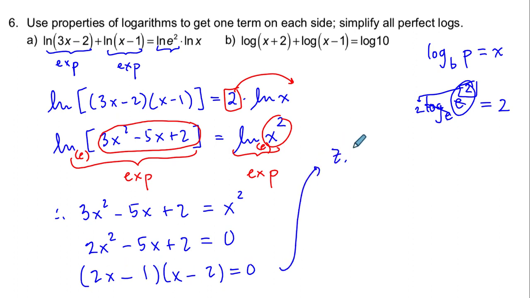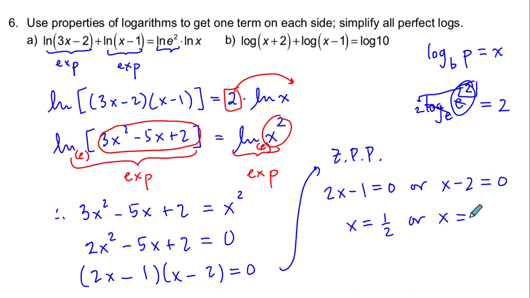Then by the zero product property, either the first factor or the second factor must give us 0. So either 2x minus 1 equals 0 or x minus 2 equals 0. So either x equals 1/2 or x equals 2.